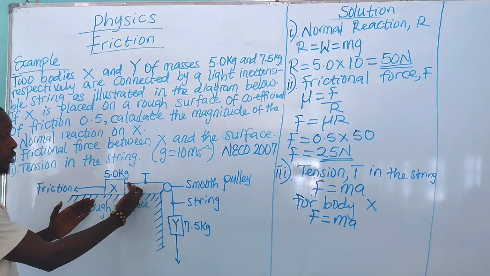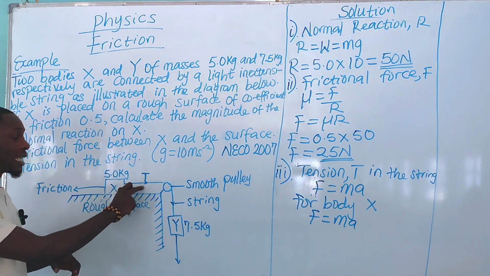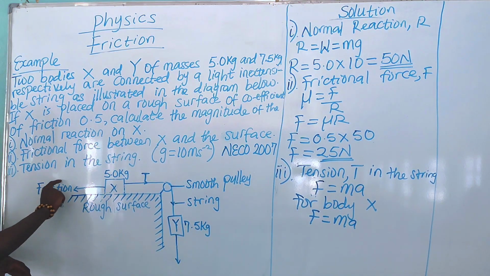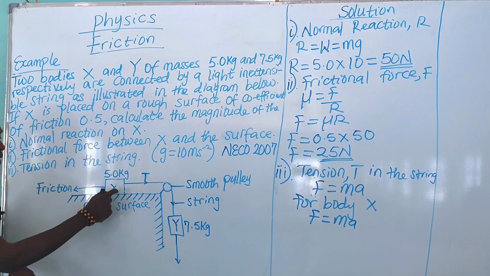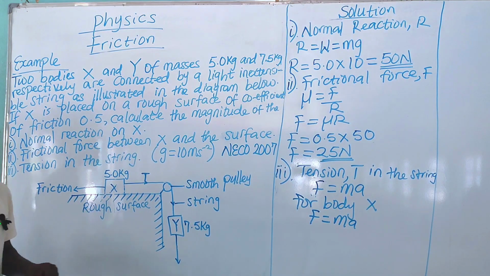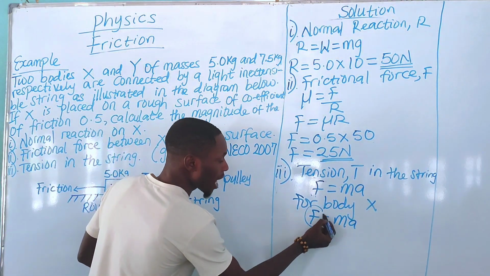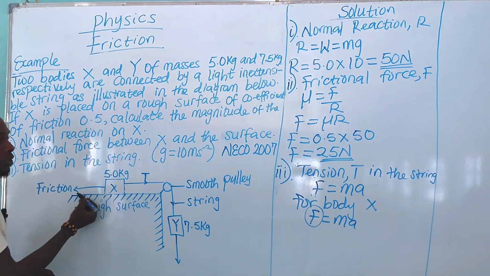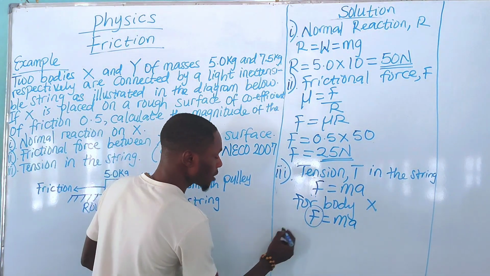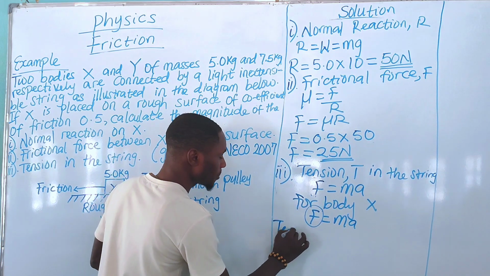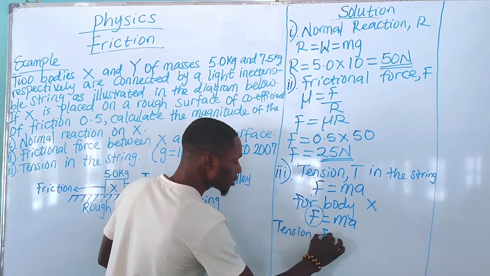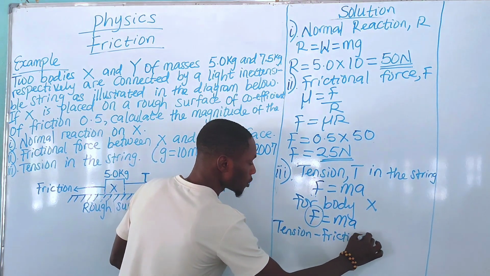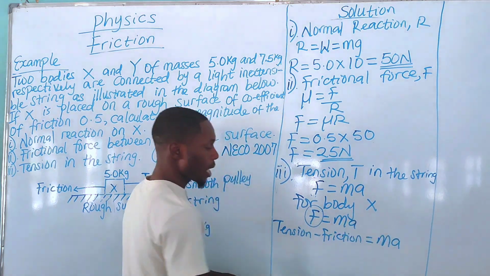So that makes the tension in this cord greater than the friction between the surface and body X. So it means that this force here is actually the difference between the two forces, which is the tension and the friction. So I'm going to replace this force by writing tension minus the friction to be equal to mass times acceleration.